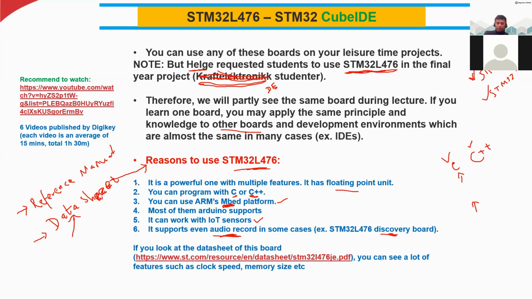Without the data sheet, you cannot really program this microcontroller. And in addition to the lecture, I recommend you watch this video series introduced by DigiKey. In that video also, they will ask you to go through this data sheet. This data sheet is the very basic thing you have to see, no matter which reference video you are looking at.